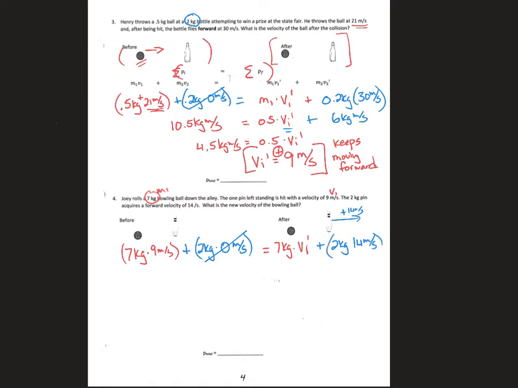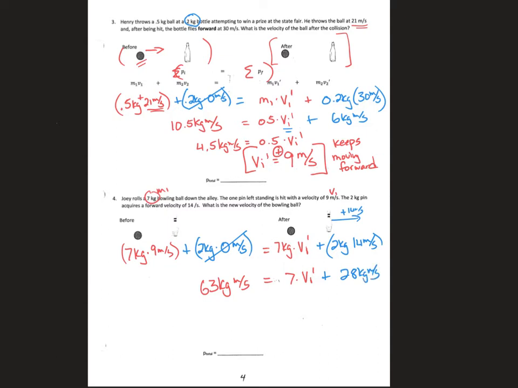Now we can simplify. 7 times 9, there's a total of 63 momentum units, equals 7 times V1 prime. I keep writing V1, that's a mistake. I should clean that up. And therefore, of course, we have to factor in the momentum of the bowling pin. 2 times 14 is 28.